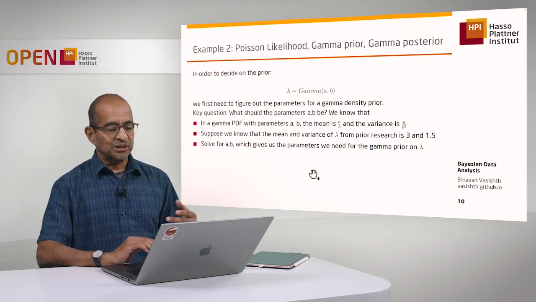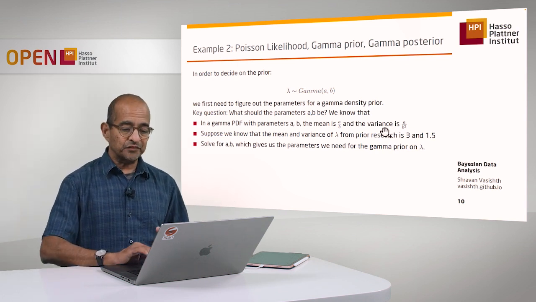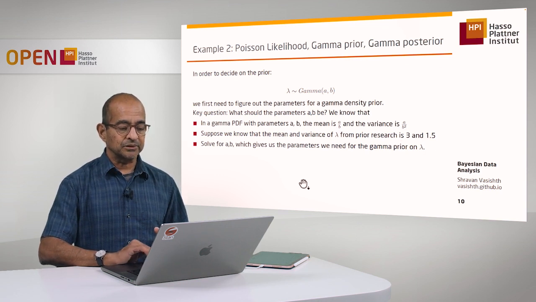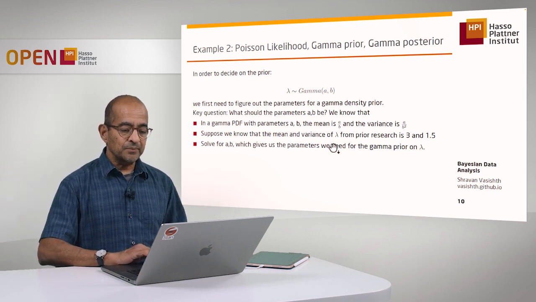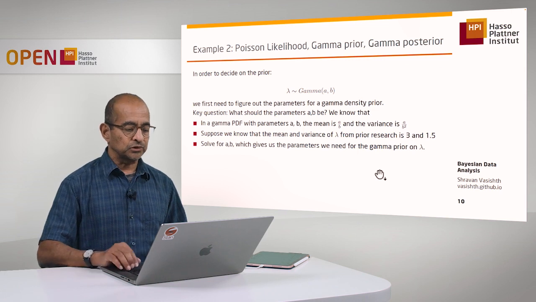This is very cool because I have two variables, A and B, and I have two equations that I can write out. So all I'm going to do in the next lecture is carry out this calculation and figure out what A and B are, given these two equations and given these two values for those two equations.